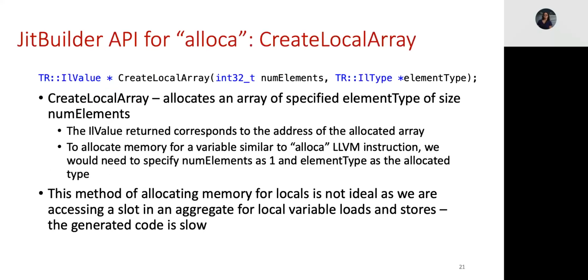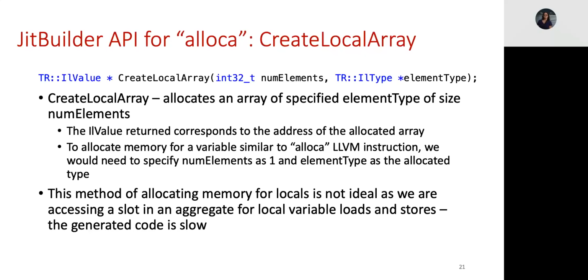The equivalent JitBuilder API, or the closest to it, would be create local array. Create local array takes as its first argument the number of elements to allocate, and you can also specify the element type to allocate memory for. The IL value returned corresponds to the address of the array that is allocated.